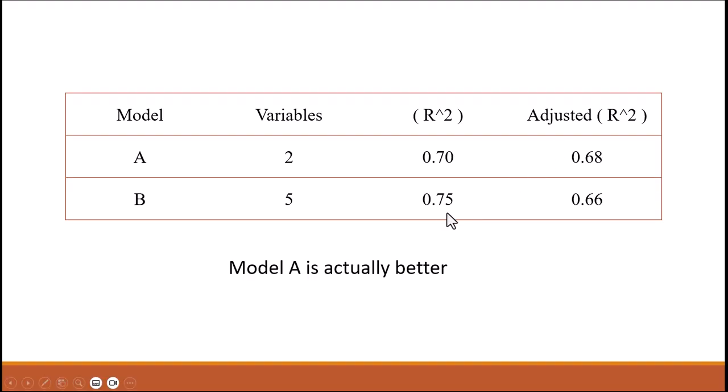Yes, your R squared has increased, but it is probably overfit, because the adjusted R squared shows that model A could present a better fit with less complication. Therefore, model A is better than model B. So it is important that you always consider adjusted R squared in your research problems.